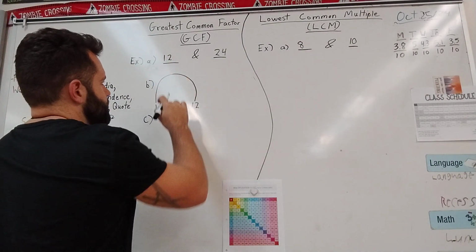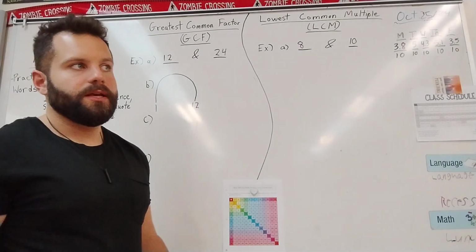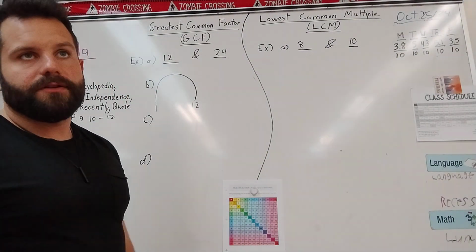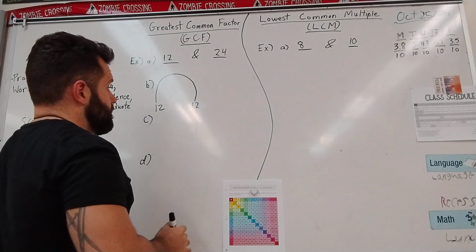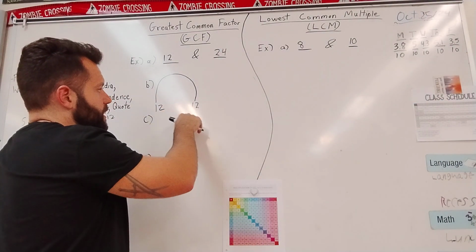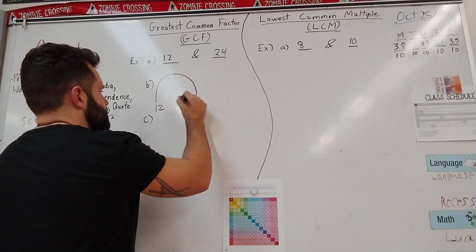Well, we know that 12 is divisible by 2 because the divisibility rule for 2 is, as long as it's an even number, it's divisible by 2. So I write 2 here. I then multiply something by 2 to get 12, and that something I multiply is 6.